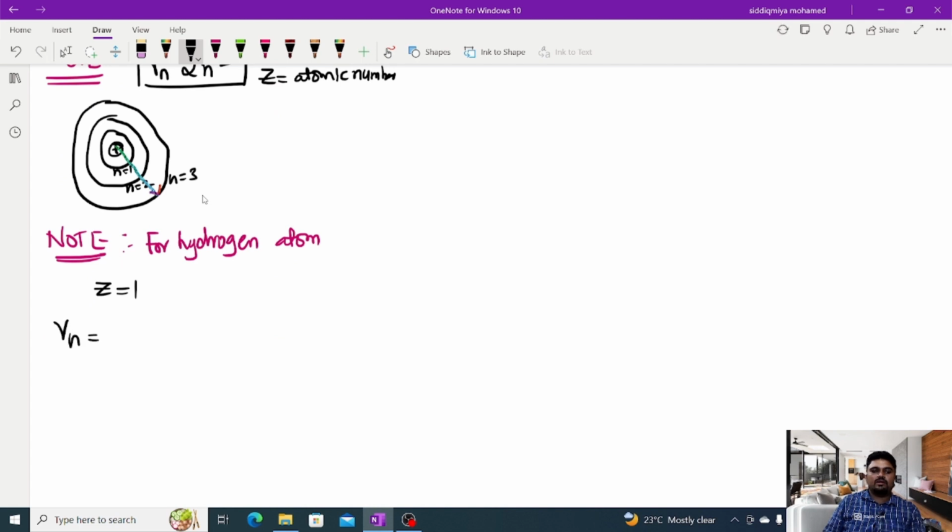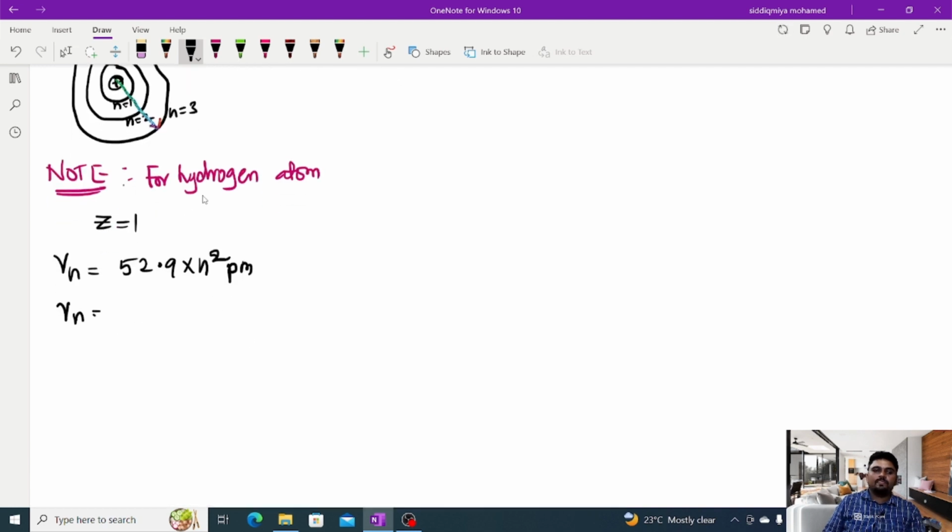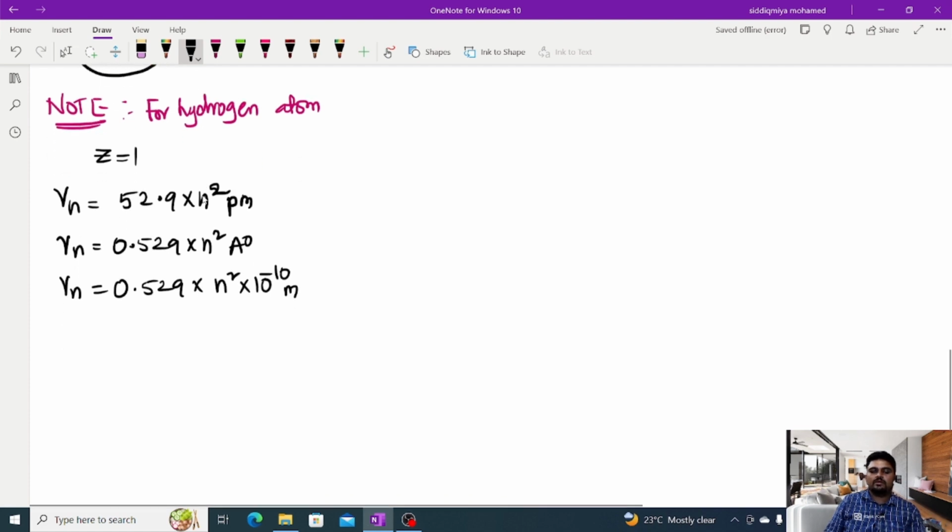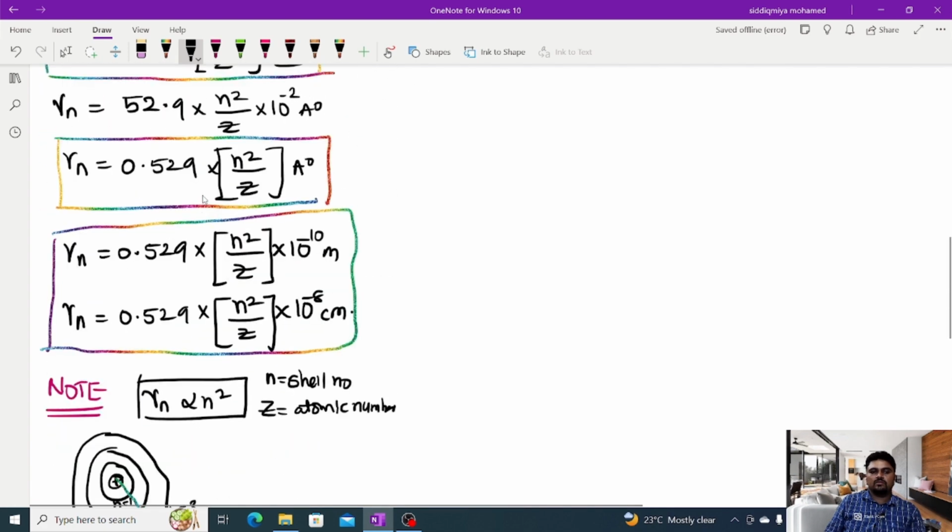Rn is equal to 52.9 into n square picometer. Similarly Rn is equal to 0.529 into n square angstrom, and radius is equal to 0.529 into n square into 10 power minus 10 meter, and radius is equal to 0.529 into n square into 10 power minus 8 centimeter. This is the radius.